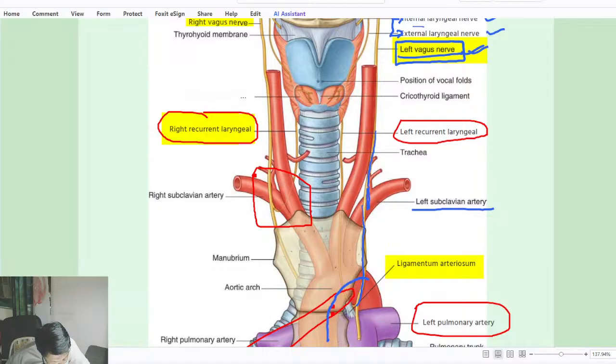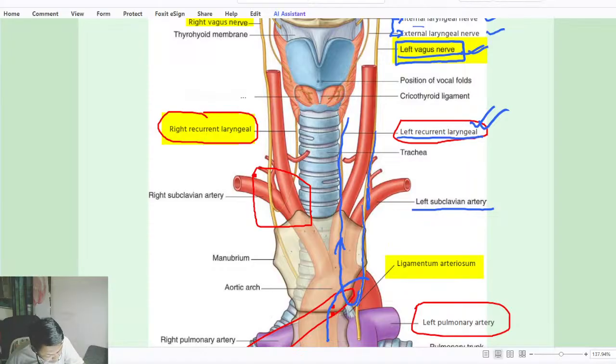Then it is making a loop. Then it is going up, and this is the ascending branch. This is the left recurrent laryngeal nerve. Left recurrent laryngeal nerve arises from the left vagus nerve after arching below the arch of aorta in the left side.